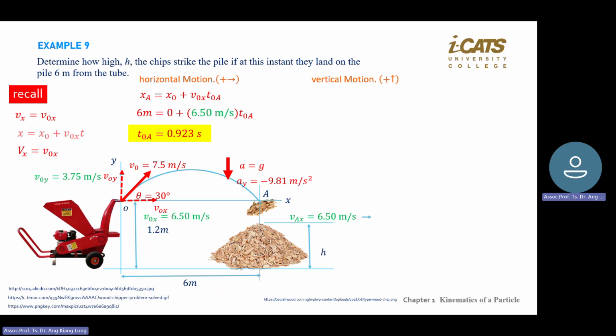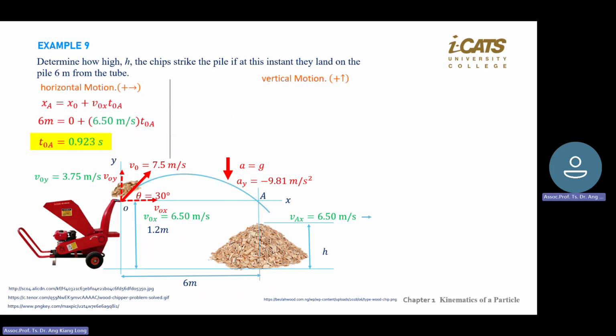Meaning the object moves from here to here, it takes 0.9 seconds. Once you find the time, you can go to the next one, the vertical motion, and find the other 3 equations and substitute inside there.